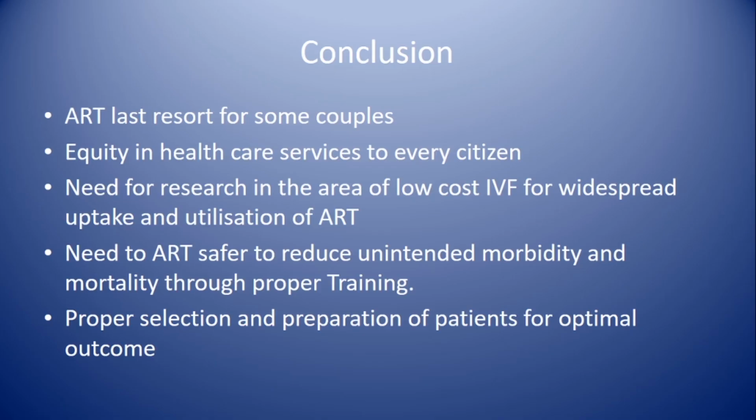So in conclusion, ART is a last resort for some couples. Equity in healthcare services for every citizen implies that people should be allowed to have children. Because in Nigeria, no money is being voted for IVF because we believe that we are overpopulated. Now the question is, people that don't have children, don't they have a right to have their own child?